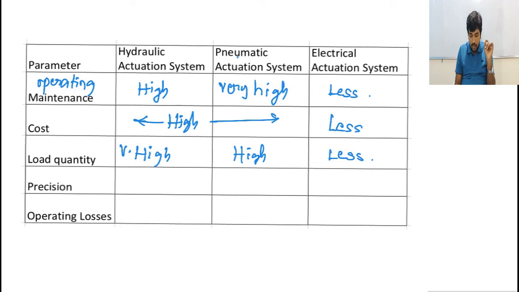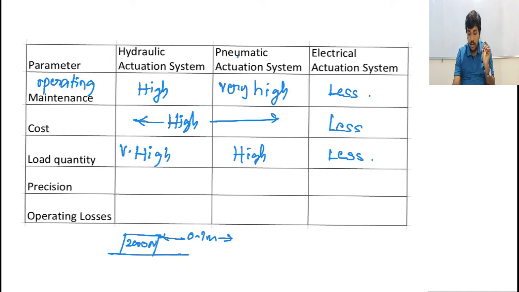Okay, now comes the precision of the movement. Suppose, just check here, we have a 2000 newton load, and you want to displace this to 0.1 meter from the initial position.